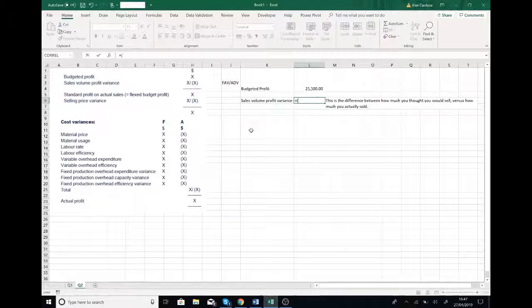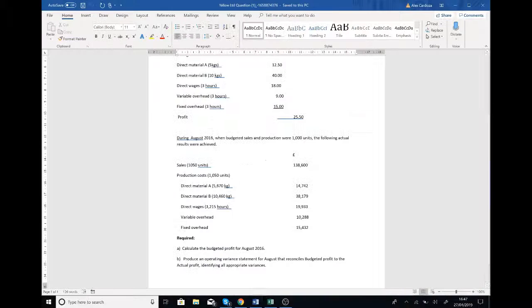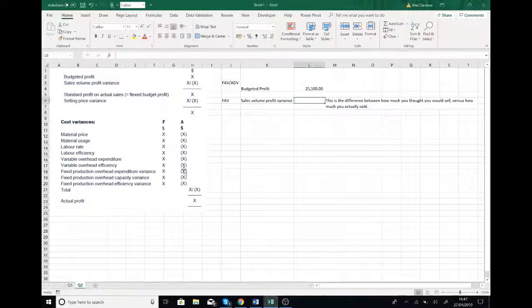We already know it's favorable because it's nothing to do with money at this point. The sales volume profit variance is simply asking, did you sell more units than you thought you would? Yes, you did. You sold 50 more. So we've got a positive variance there.